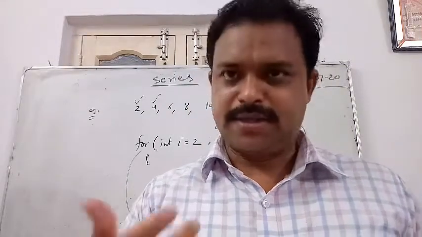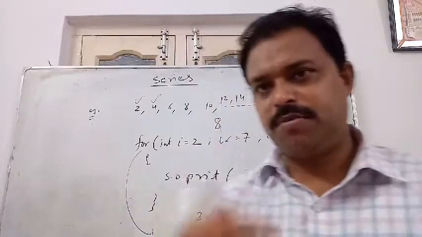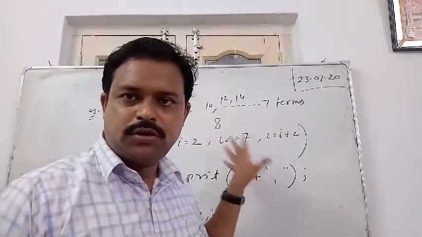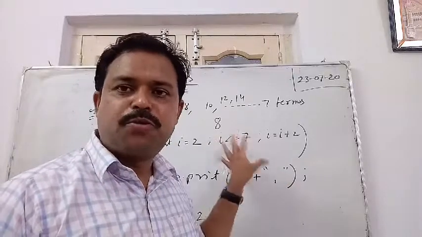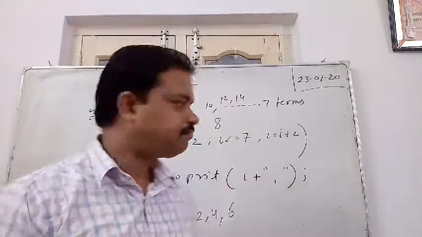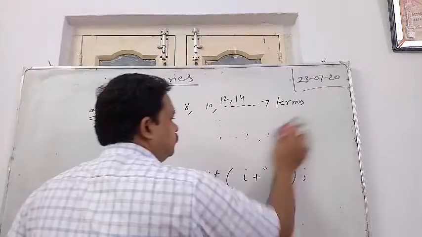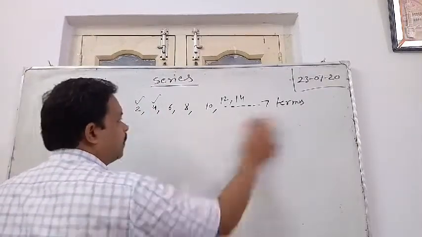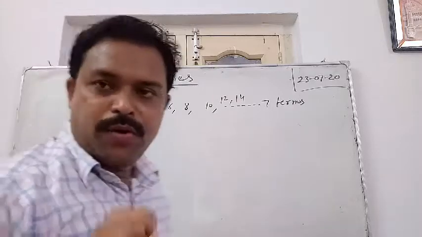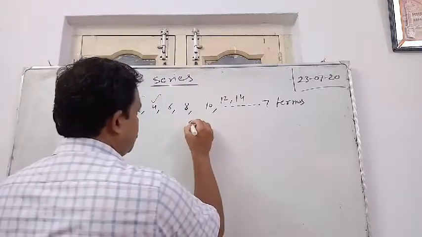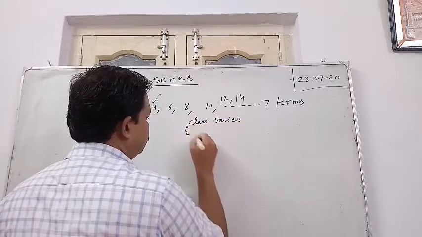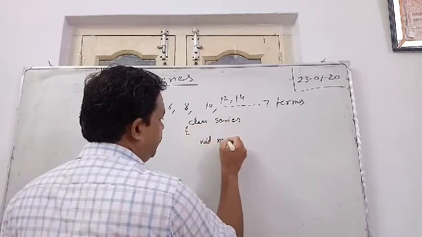Okay, let me tell you how. So this program is wrong. What conclusion have we drawn? This program is totally wrong. What I am going to do: class series, void main.